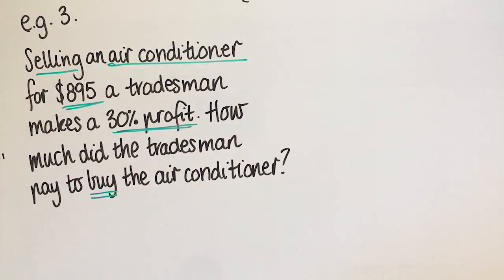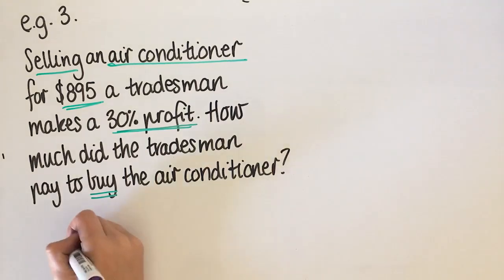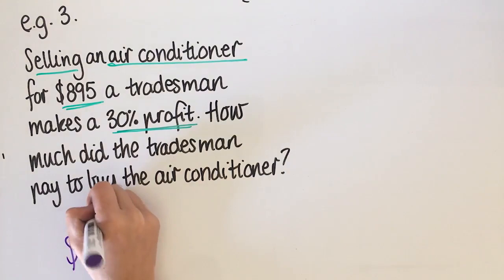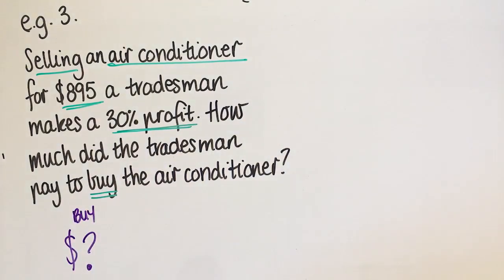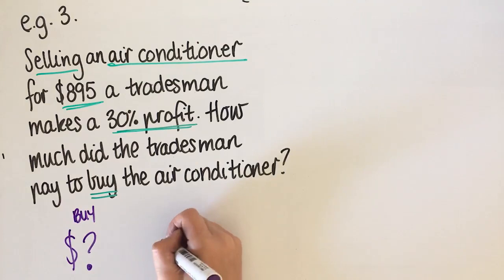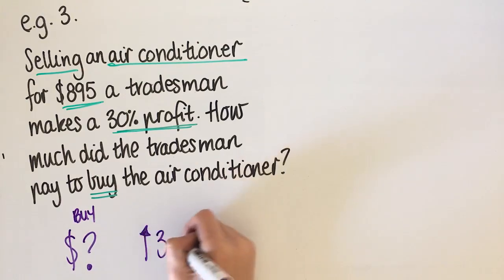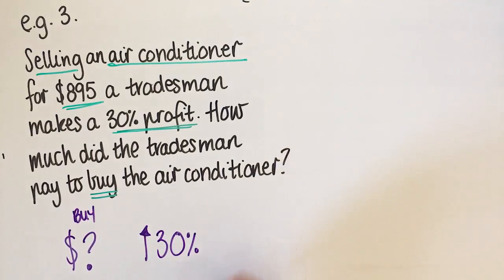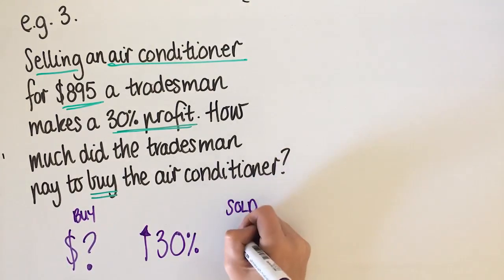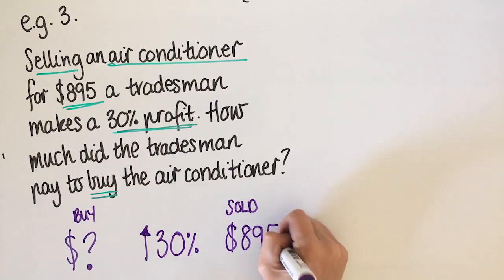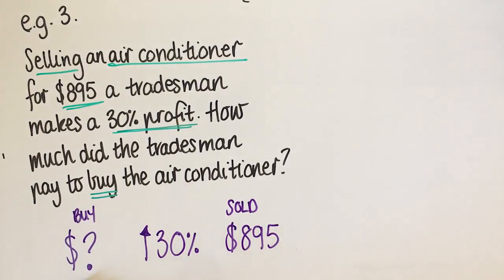Okay, so what we've been told is this tradie has spent an unknown amount to buy the air conditioner, but we know that they've made a 30% profit when they sold it for $895.